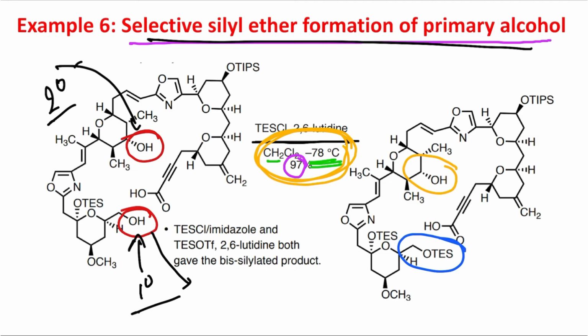Now an interesting comparison: triethyl silyl chloride with imidazole gives monosilylation, just 97%, whereas if you use triethyl silyl triflate and 2,6-lutidine, both give the bisilylated product. So that is the proof of how good a leaving group OTf is and how reactive this triethyl silyl triflate reagent is. So this is another proof of the statement.